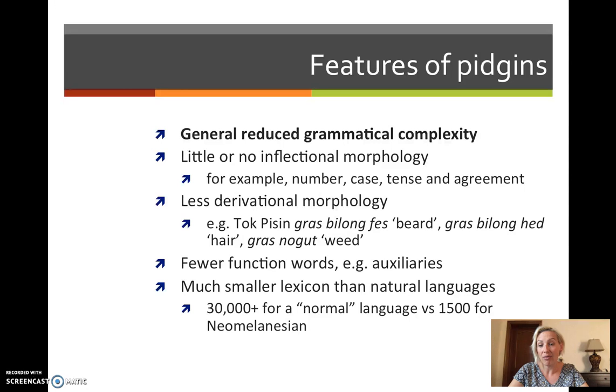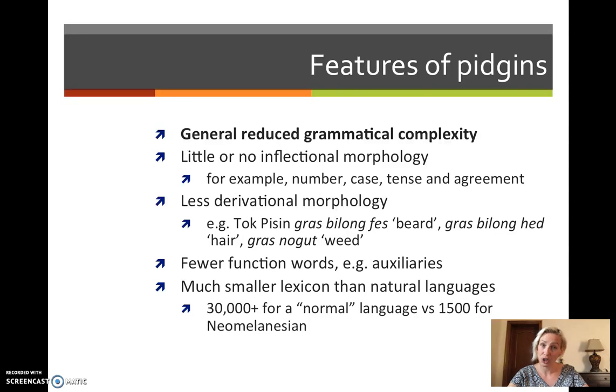It's usually around 30,000, more than that. A pidgin will often have 1,500 or around that number. So there is a very big difference. Instead of creating new words, you learn only those limited words and then you put them together to create new meanings.